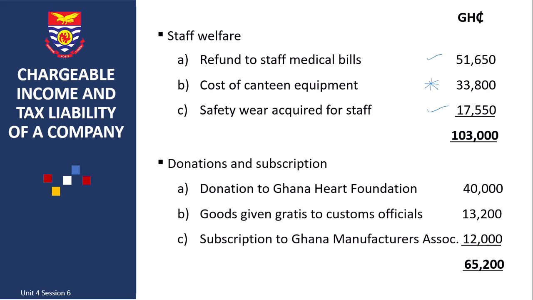Donation and subscription. Donation to Ghana Heart Foundation, goods given gratis to customs officials, and subscription to Ghana Manufacturers Association. We are going to allow the ones in respect of Ghana Heart Foundation and the Ghana Manufacturers Association, and disallow goods given gratis to customs officials.